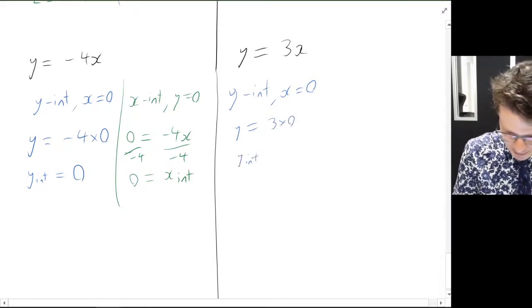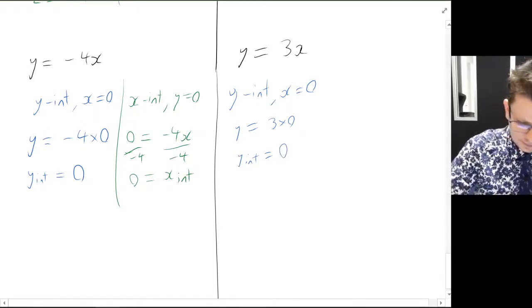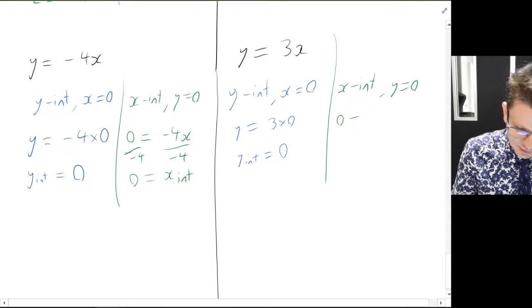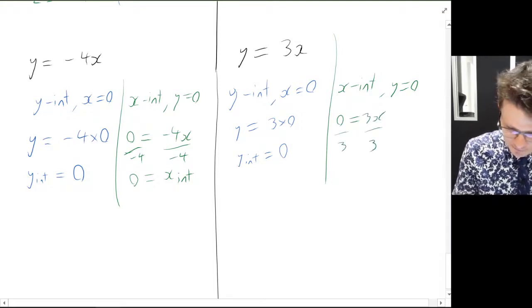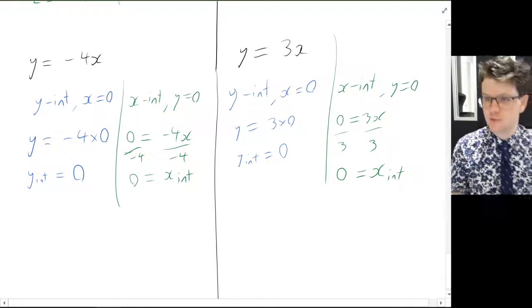Oh, sorry, 3 times 0 is 0. And the x-int is going to be when y equals 0. And that means we're going to get 0 is equal to 3 times x. Divide both sides by 3. And we get 0 divided by 3 is still 0. The x-int is also 0.